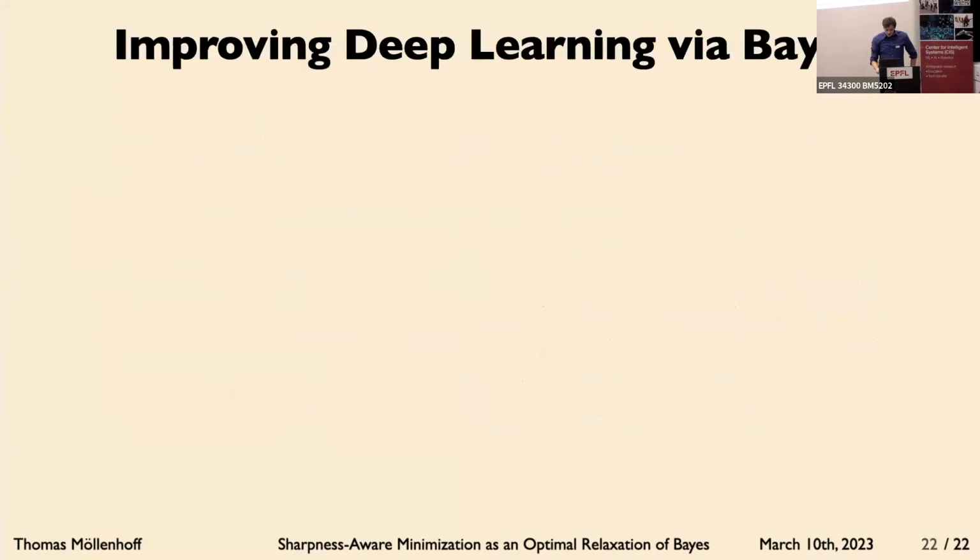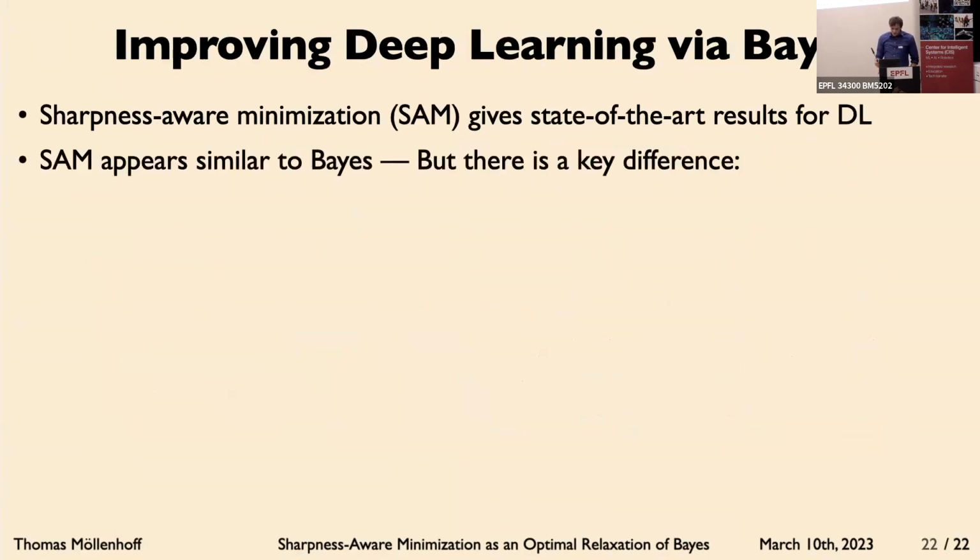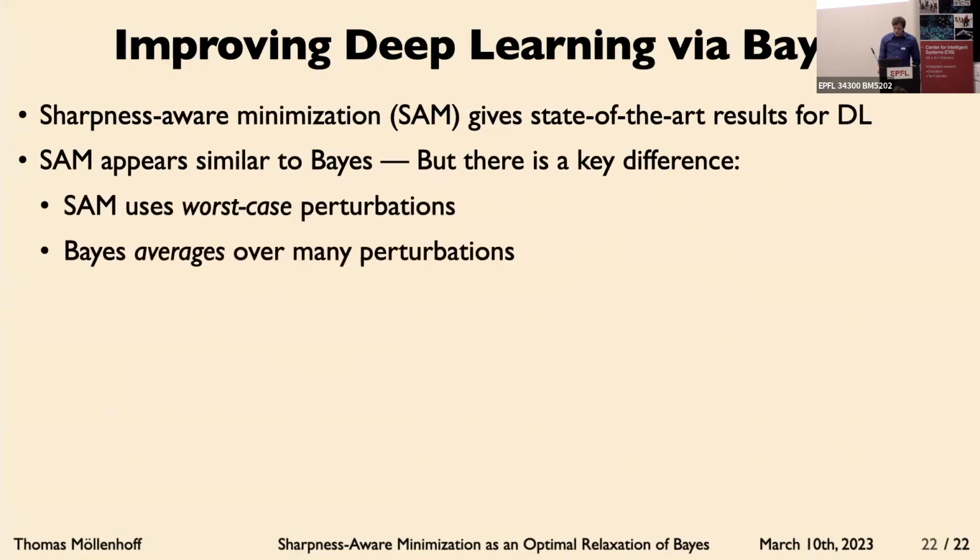Okay, so to go back to the original motivation, to improve deep learning methods using Bayesian principles, we've seen this Sharpness-Aware Minimization method, which really gives state-of-the-art results for deep learning. It's very popular. It appears similar to Variational Bayesian Inference, but there's a key difference. SAM uses worst-case perturbations. In Bayes, we average over many different perturbations.